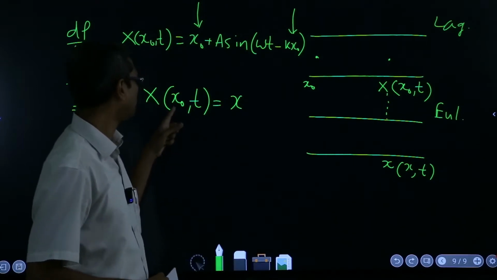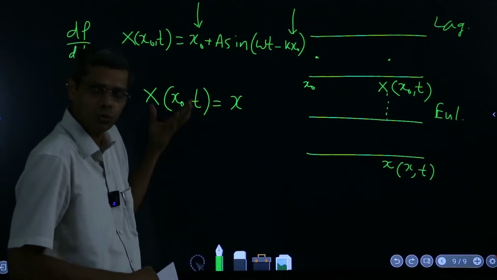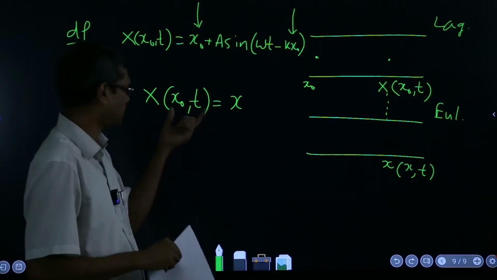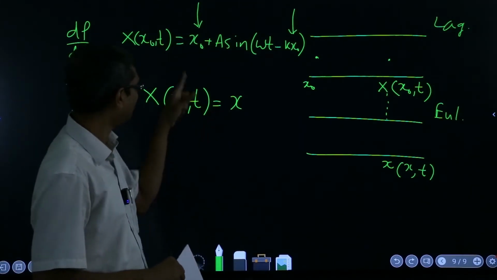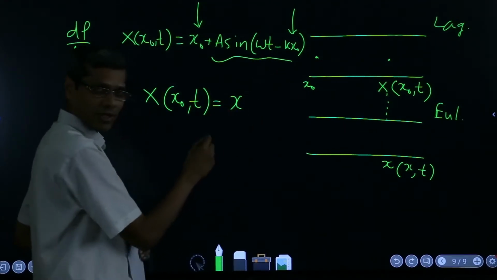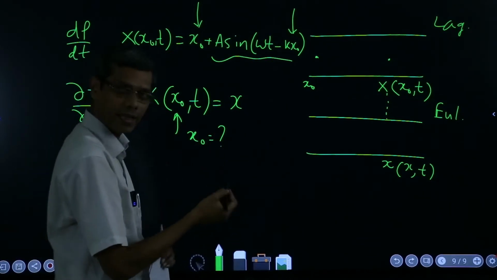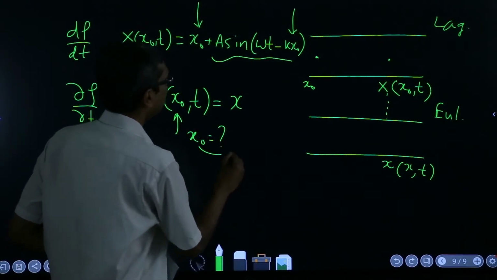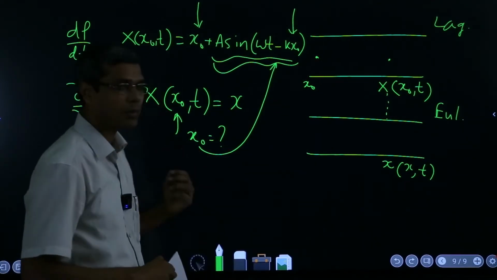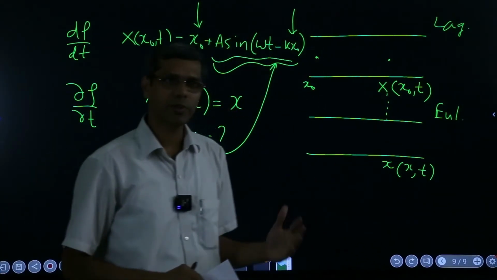Whatever the name x naught of that particle for whom this happens to be the case, from this equation you should calculate x naught, and then substitute that here to get the displacement at that time, and that is the Eulerian displacement in a way.